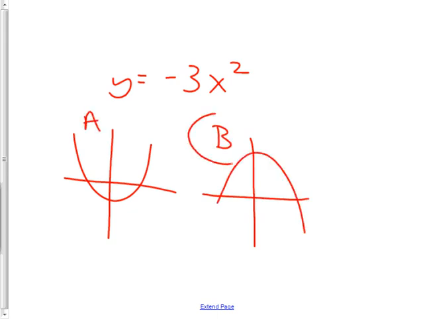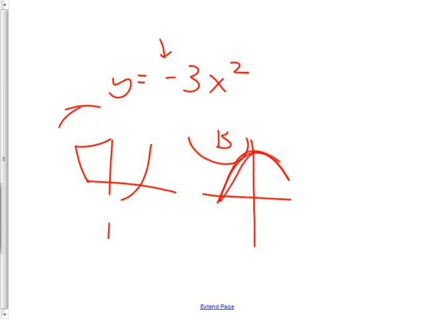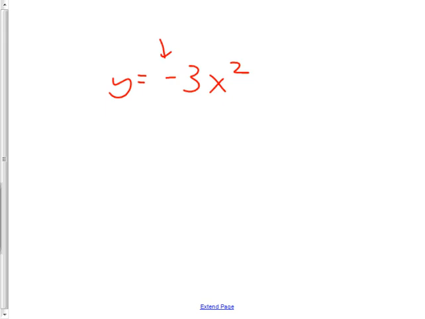Which one could be right, based on whether it's a smiley or a frowny? It's got to be B, because there's a negative out front, so it must be like this. So if I ask it a different way, which one is it? Is it going to have a max, or is it going to have a min? It's going to have a max, because it looks like a frowny face, so it's going to have a max.